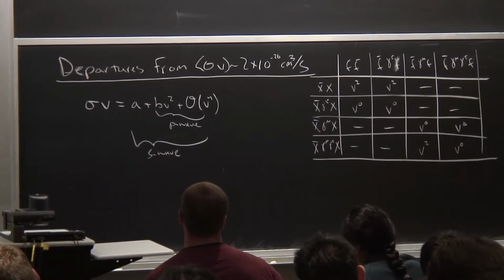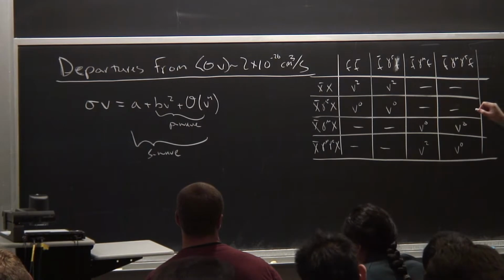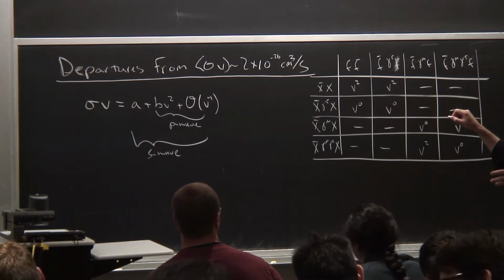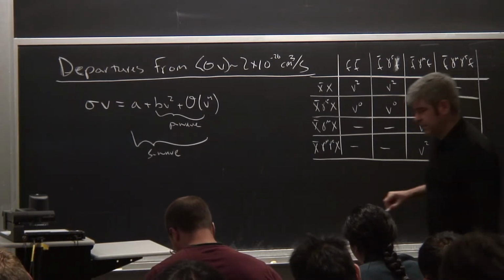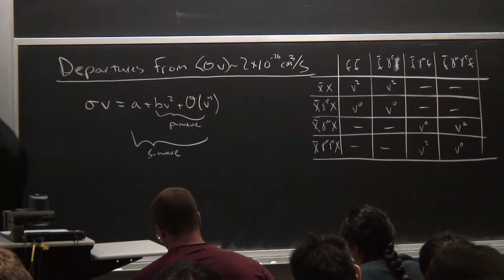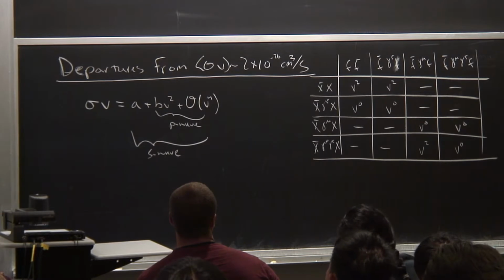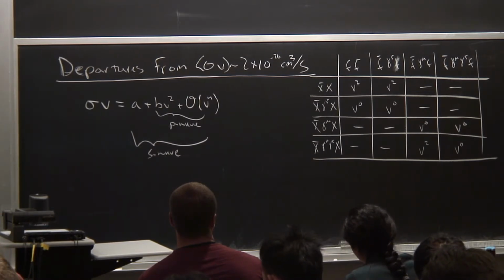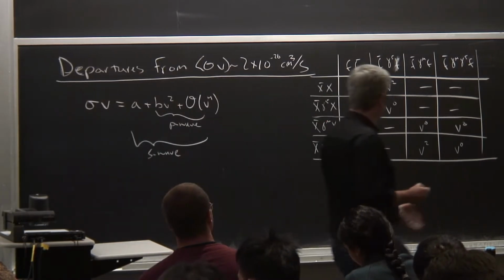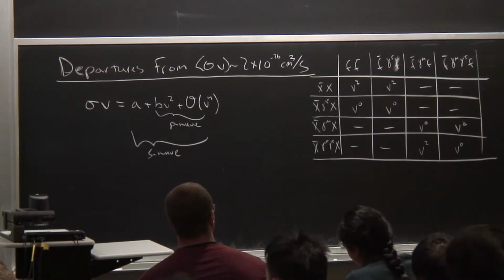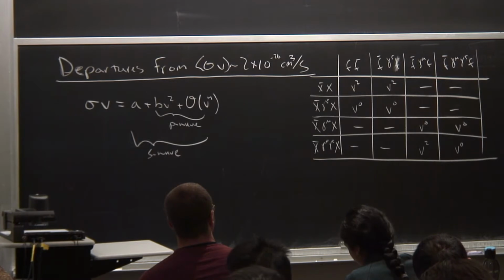Okay, so you can work these out in a few lines in many cases, but I wrote twice as many notes as I had time to get through in these 5 lectures, so that had to go. But this gives you a flavor for a range of scenarios you might write down. And the point is that an order 1 fraction of these are P-wave suppressed, and an order 1 fraction aren't.